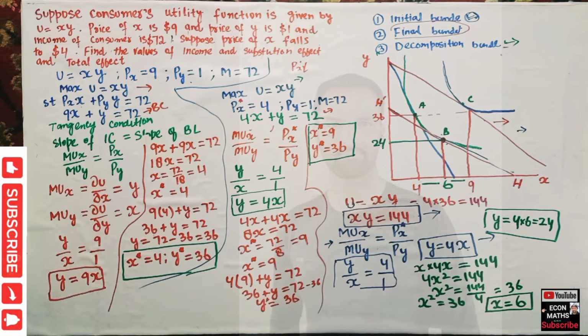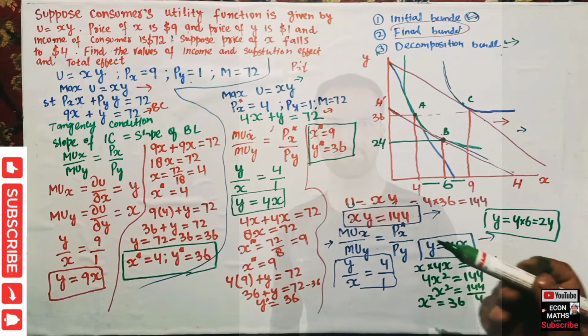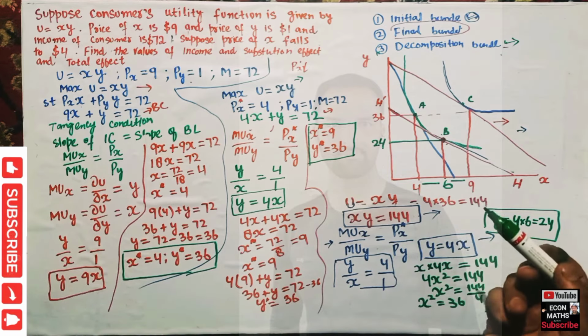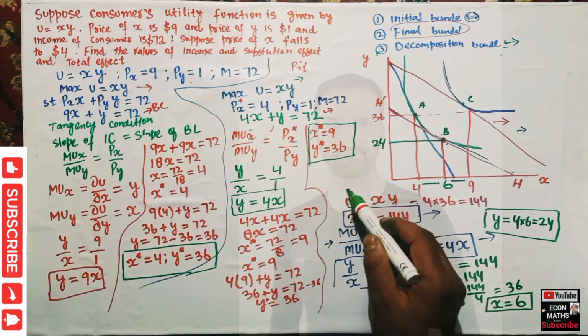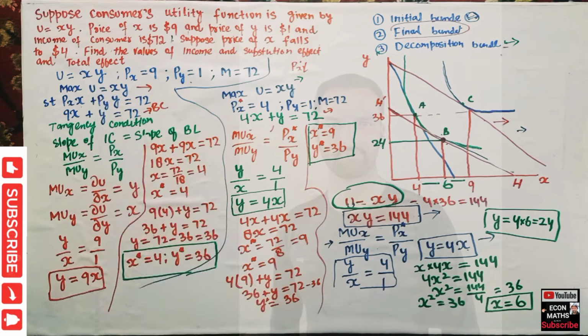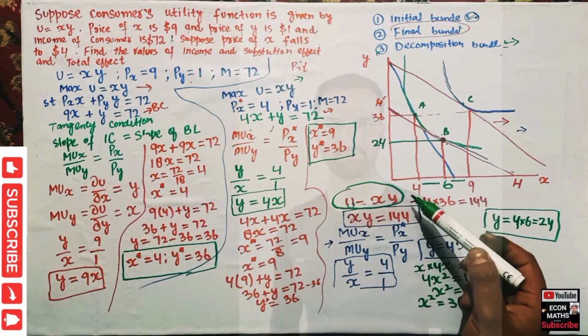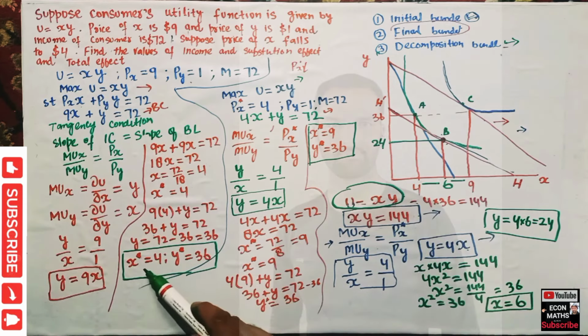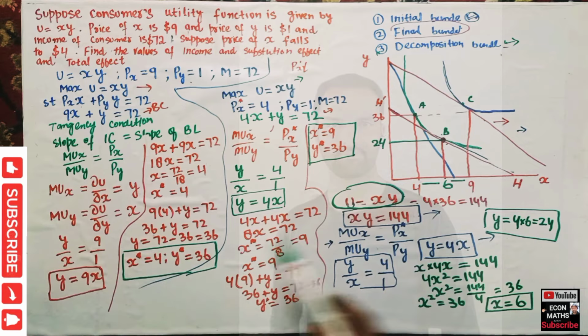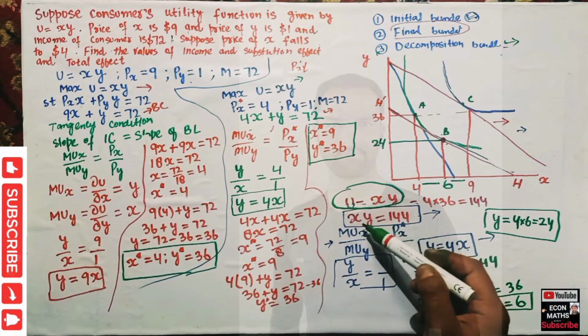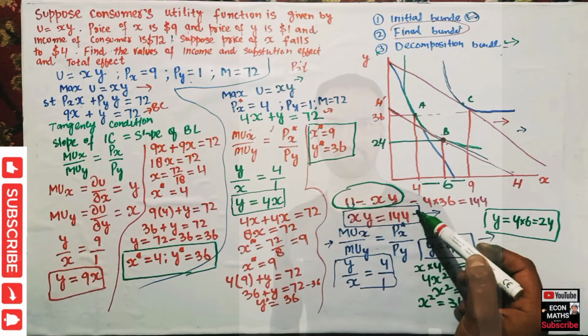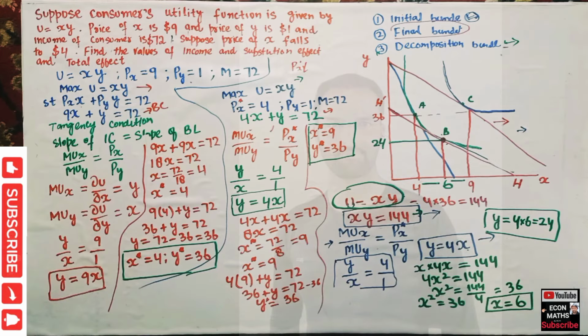So what we did to find the decomposition bundle, we just took our utility function. And we plugged the initial consumption bundle into the utility function. So we got xy is equal to 144. This was our one equation.